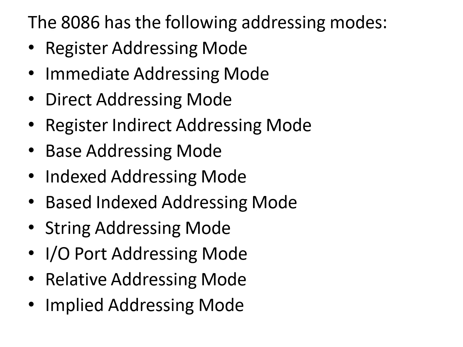These are the various addressing modes in the 8086 microprocessor: register addressing mode, immediate addressing mode, direct addressing mode, register indirect addressing mode, base addressing mode, indexed addressing mode, base indexed addressing mode, string addressing mode, IO port addressing mode, relative addressing mode, implied addressing mode.